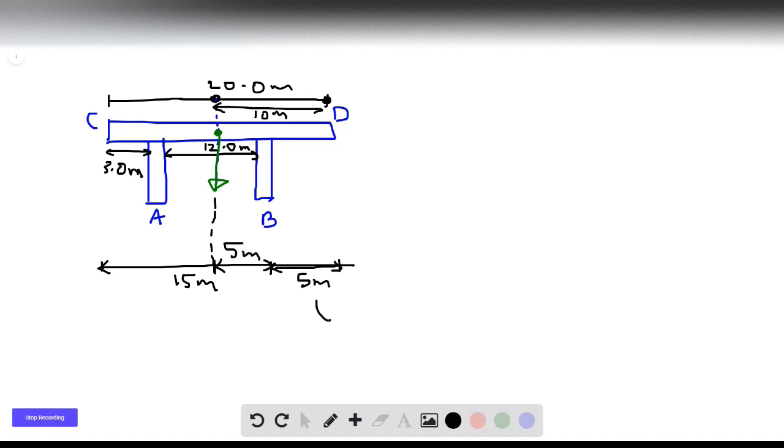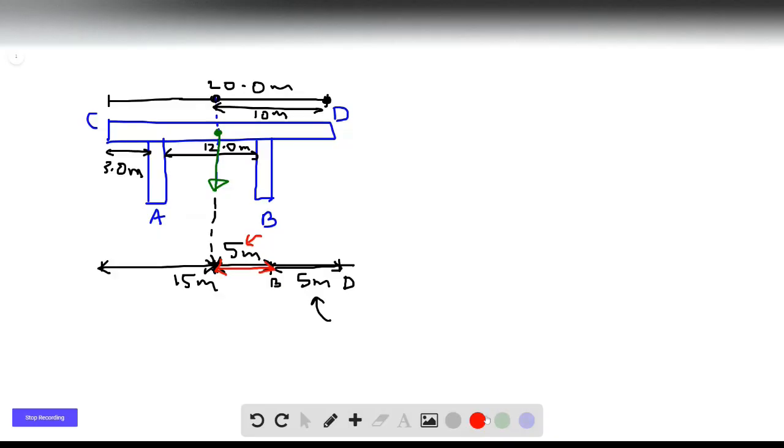Why? Because the distance from D up until B is 5 meters, and the distance from the center up until D is 10 meters, that means the distance from the center up until B is going to be 5 meters. So these are just algebraic simplifications. This is the first thing about the problem. So these are the distances we're given.